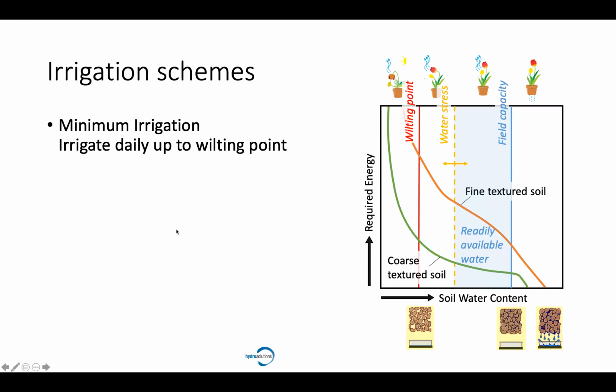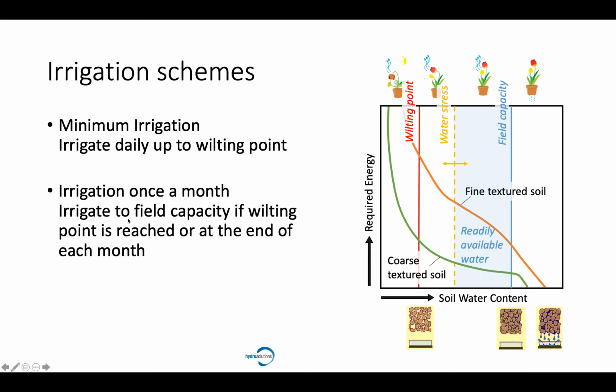So our two irrigation schemes are minimum irrigation and monthly irrigation. For the minimum irrigation, the irrigation calculator irrigates every day when the water content goes below the wilting point, and it irrigates until wilting point is reached again on each day.